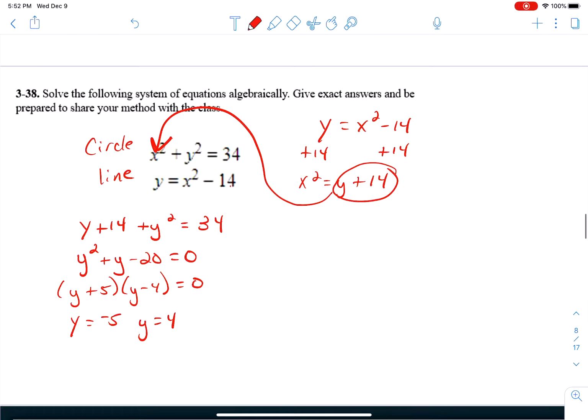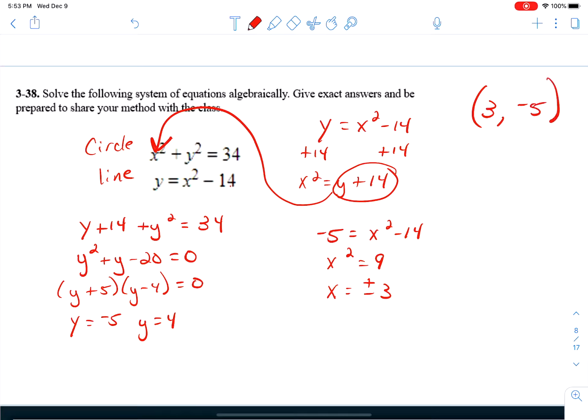So if y is equal to negative 5, x squared is equal to 9. So x is equal to plus or minus 3. So if I start to write out my solutions, when x is 3, y is negative 5. If x is negative 3, y is also going to be negative 5.